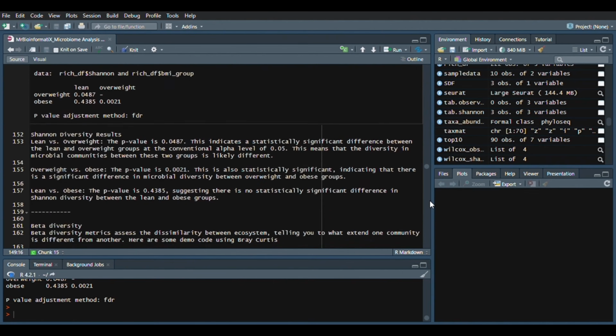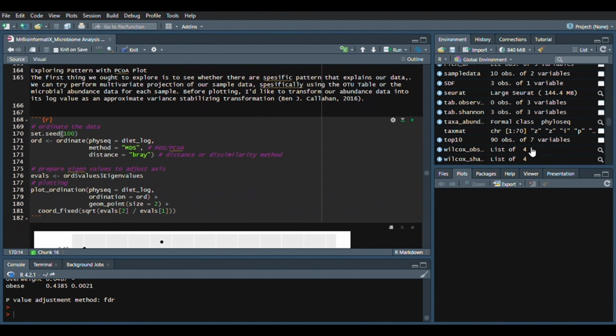So, set.seed equals 100. It ensures that the random elements in the analysis can be repeated with the same results. And for the ordinate function, here, physeq equals diet_log, method MDS, distance Bray. The ordinate function creates an ordination object using the diet_log data, and the Bray-Curtis method is used to measure the dissimilarity between samples.